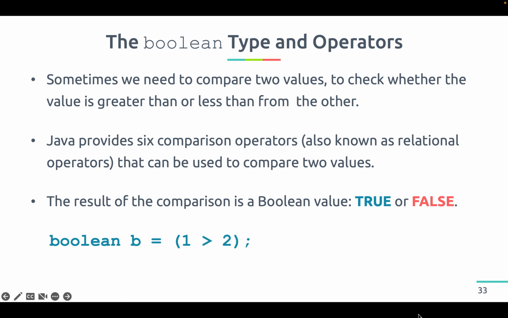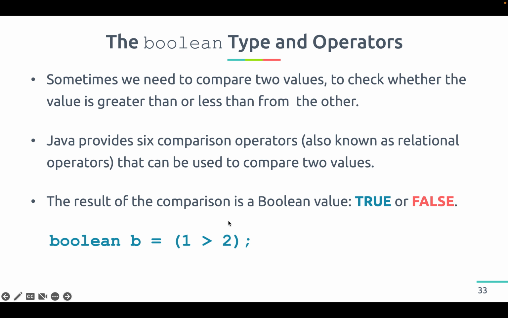So the Boolean data type and its operators. We know that a Boolean data type gives a result of either true or false. In Java, a Boolean data type is written as boolean, the full word, and we define a variable name, for example b is equal to the statement 1 is greater than 2.